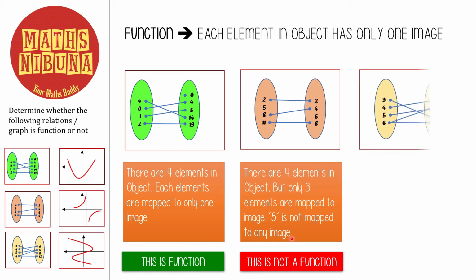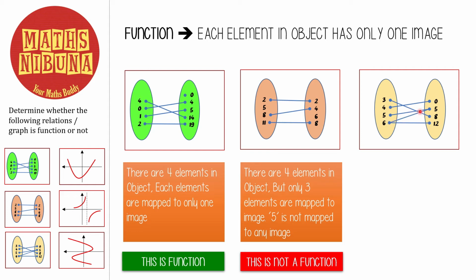Next, we go to question 3. The same thing, we have 4 elements in the object and 4 elements in the image. Look at 3. 3 is mapped to one image. 4 is mapped to one image. 5 is mapped to 5, one image. And 6 is mapped to 2 images.